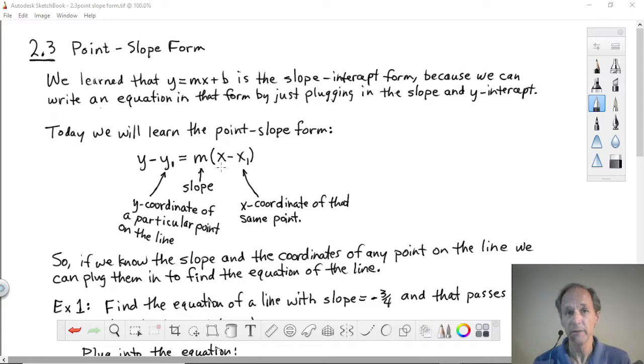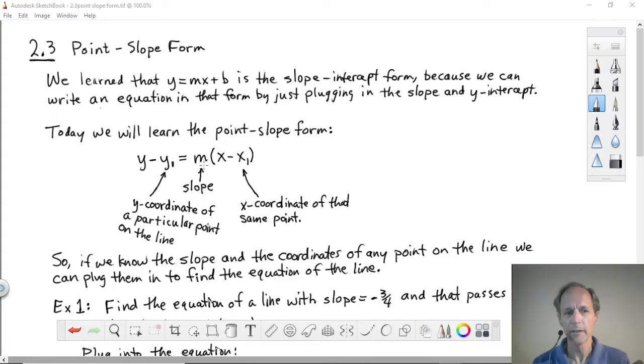X sub 1 and y sub 1 are not variables. We will plug in specific numbers for those, specifically the coordinates of the point that we have. That's what goes in for the x sub 1 and the y sub 1.